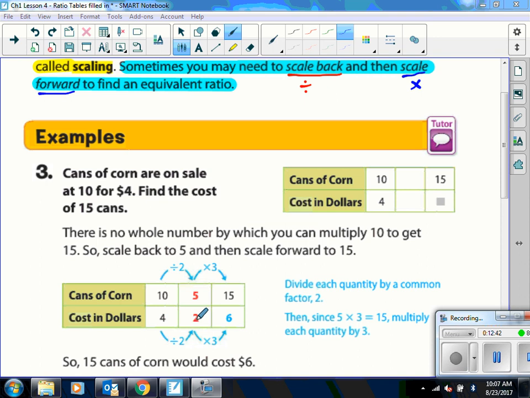So that's 5 cans of corn for $2. Okay, now you can see I can go from 5 to 15. Does everybody see how we did that? So 5 times 3, now we're scaling forward. 5 times 3 is 15, and 2 times 3 is 6. So that means that it'll cost $6 for 15 cans.